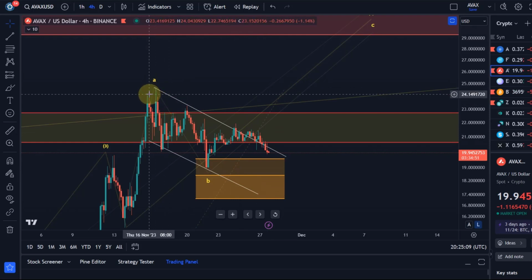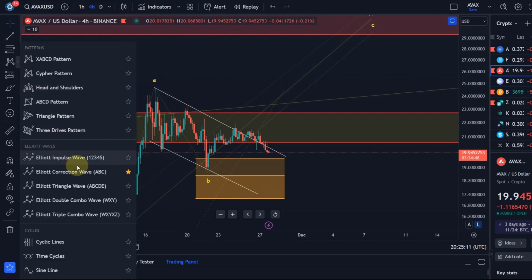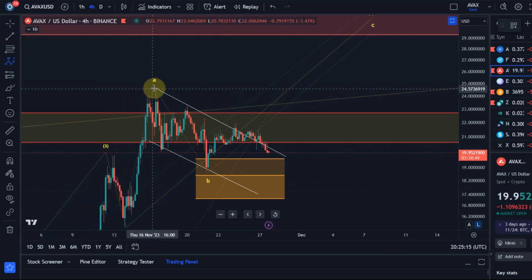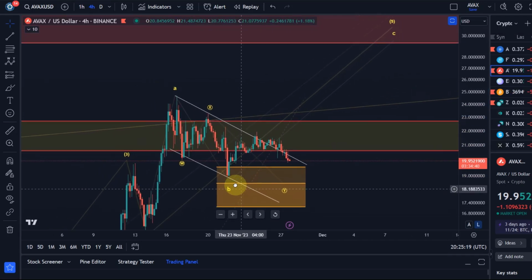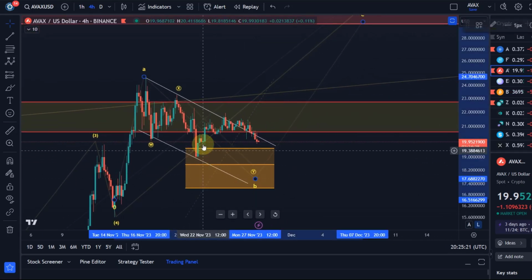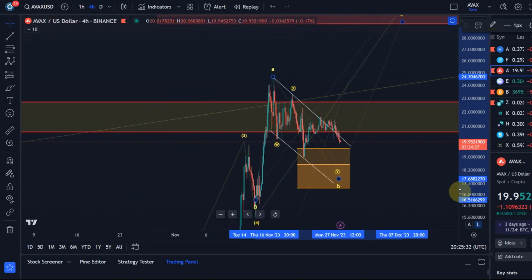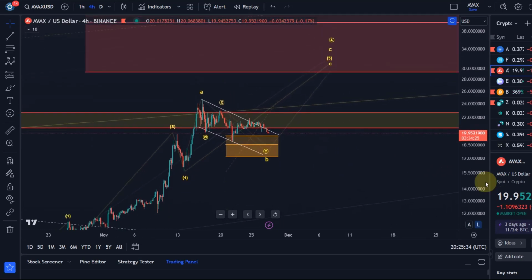And it could be, as many coins seem to be doing at the moment, that this B wave is unfolding as a WXY structure. So W, X, Y, and the Y wave is currently in the making, and the Y wave itself is an A, B, C structure. I would pay attention to $18.55, as well as around $17.15 for support. And as long as these levels are holding, a 5th wave to the upside is possible and likely.